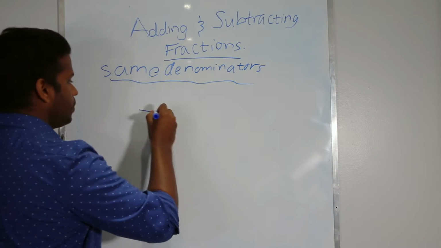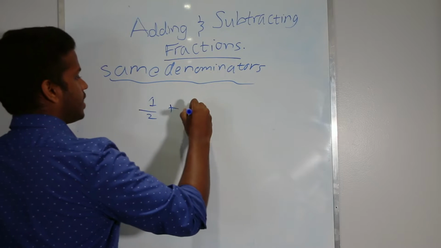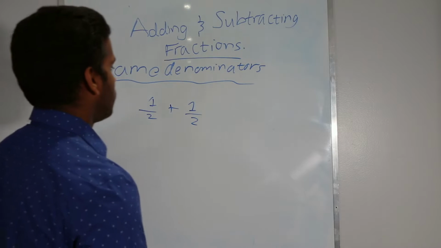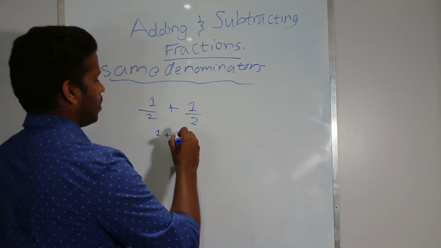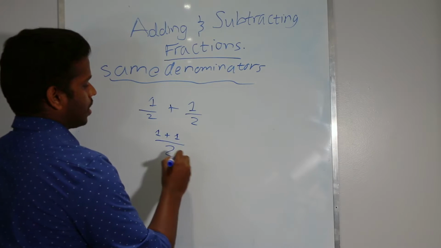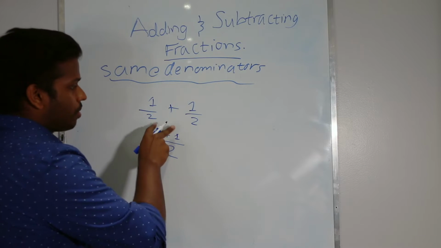When we have the same denominators and it's an adding or subtracting problem, it's simple. All we have to do is draw a large fraction bar and put the 2 under, because the 2 remains the same.